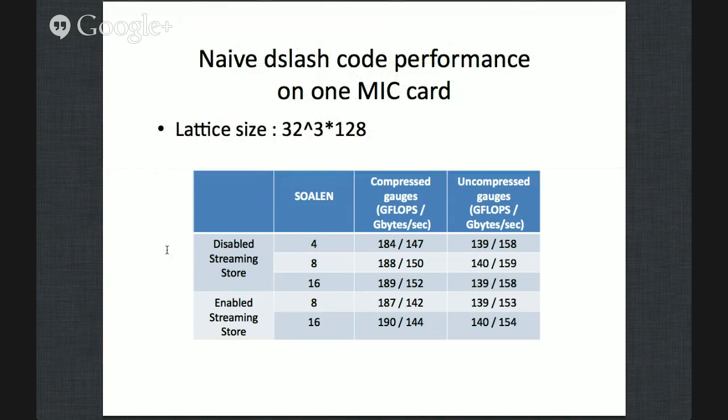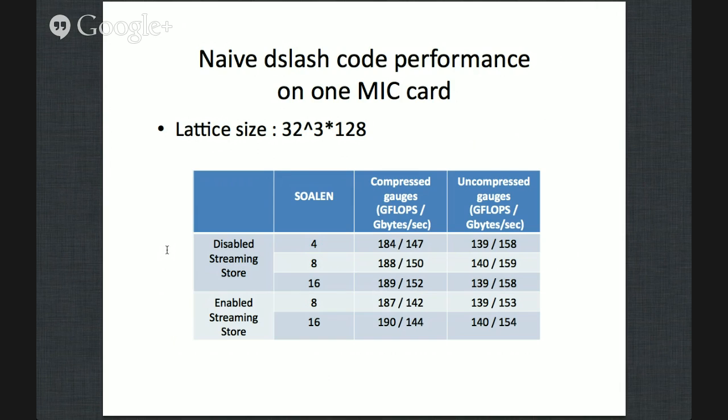This is a table showing some detailed data from our results. We tested on a lattice size of 32 cubed times 128. When we disable the streaming store, we see that the speed increases a little bit with increased SOA length, but for the uncompressed gauge, the speed is more stable and didn't change much.